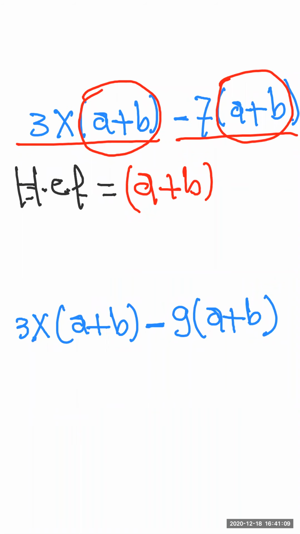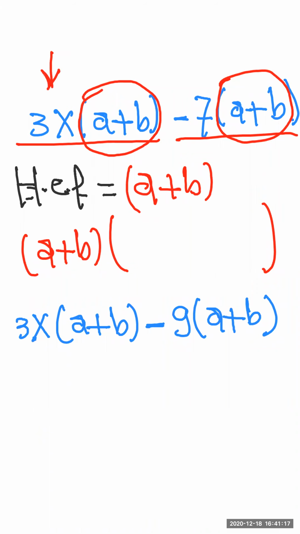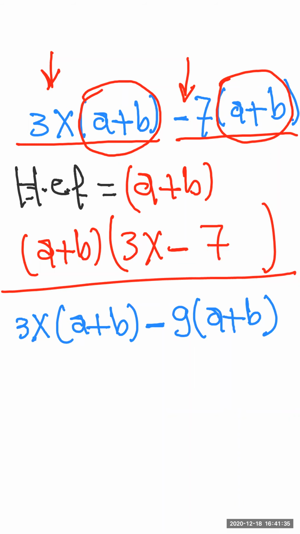Now, write down the highest common factor, a plus b, then the brackets. What will be the remaining from the first term? Actually, 3x. Then the negative sign. Then what will be the remaining from the second term? Actually, it will be only 7. Okay, so 3x minus 7. That's it. The next one.